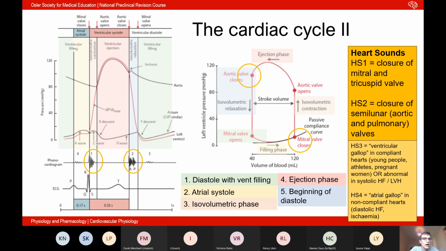It happens at the beginning of atrial systole, and it's the idea that there's a sound created by the amount of pressure needed to force blood into the stiff ventricles, and that creates a little sound. But heart sounds 3 and 4 are not as essential that you know about those.